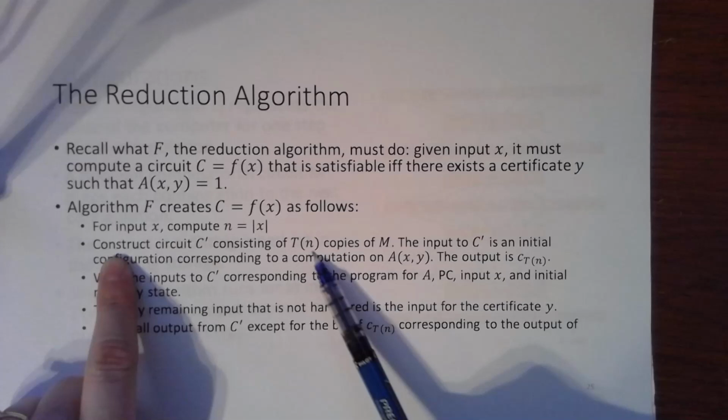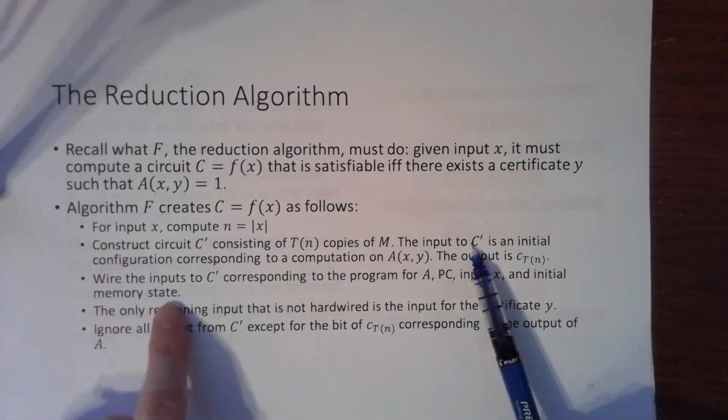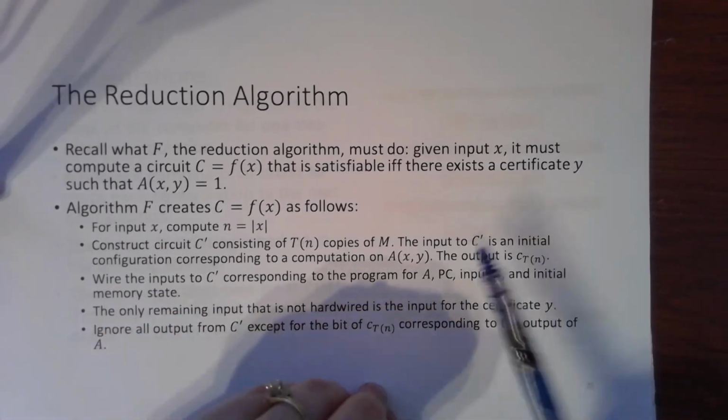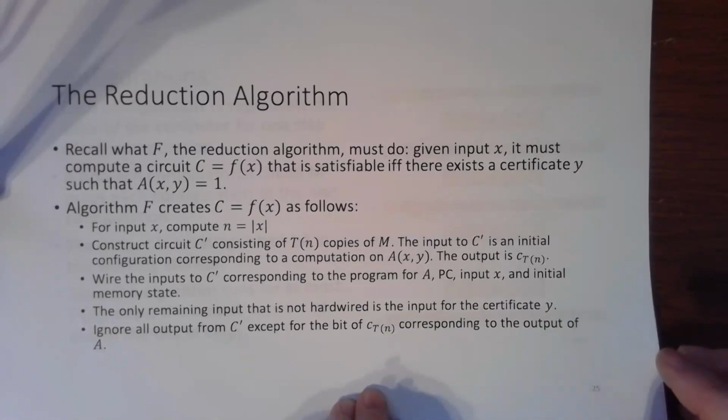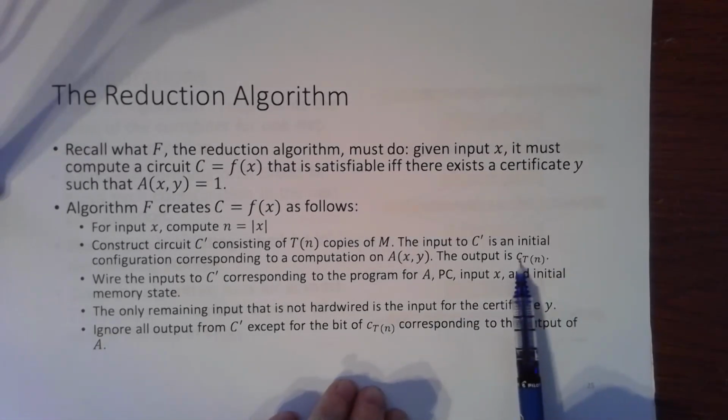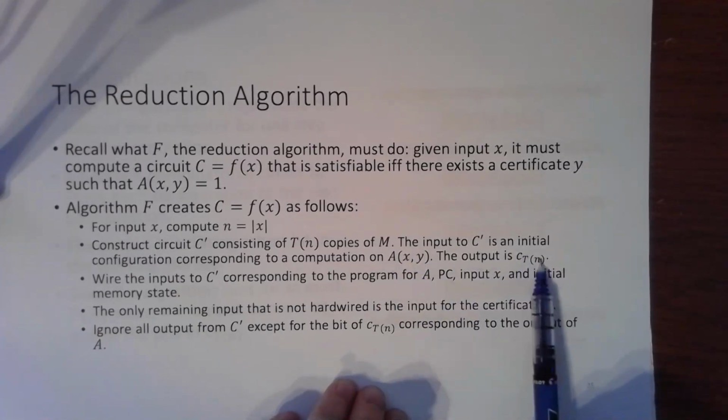The input will be the initial configuration corresponding to running the algorithm on that machine, and the output is going to be the T of N configuration. Remember, the algorithm runs for T of N steps, and after the last step, it'll be whatever the current configuration is.